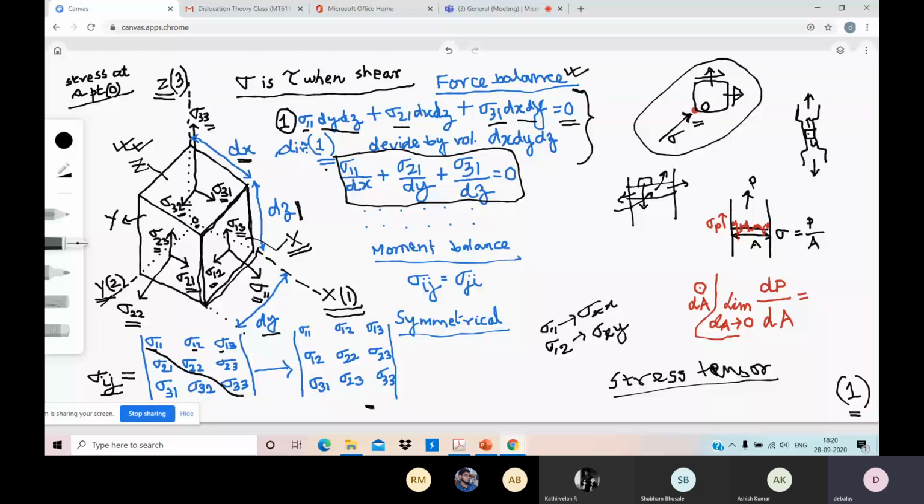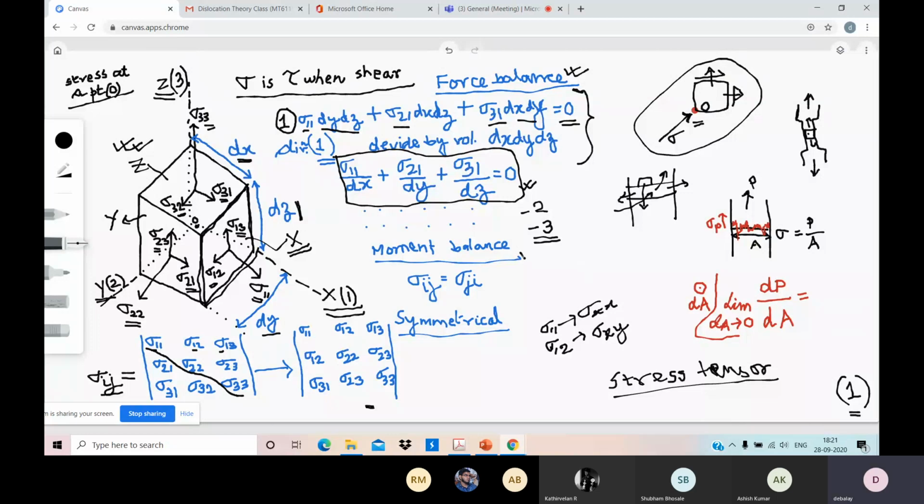Now, if we consider the force along direction 2 and along direction 3, two more such expressions will come. In my PowerPoint presentation, I will show you those expressions. But you need to understand where they are coming from. So, for static equilibrium to be maintained, force balance is the first criterion.